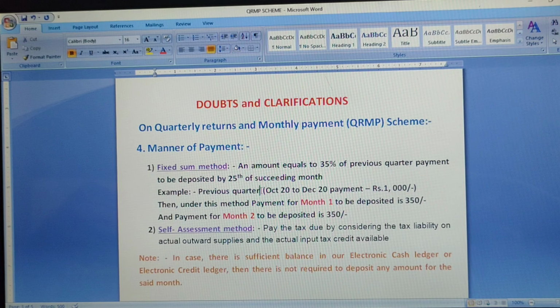And under the second, self-assessment method, you can pay the due tax liability based on your actual tax liability after deducting your actual input tax credit available based on your invoices. And it is important to know that if you have sufficient balance in your electronic cash ledger or electronic credit ledger, you are not required to deposit any amount for the said month.